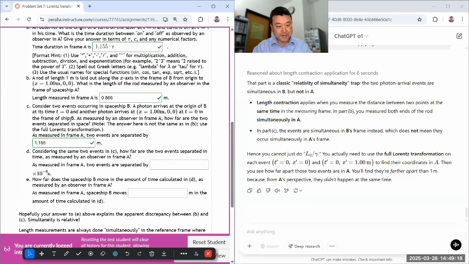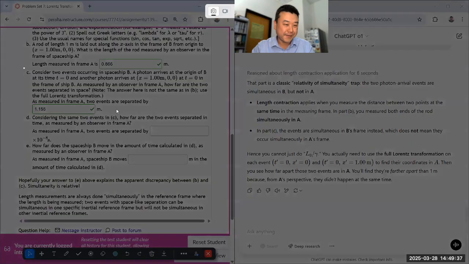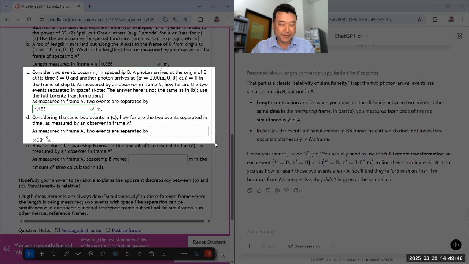So considering the same two events in C, how far are the two events separated in time? Yeah, so this you actually need to use the Lorentz transformation to get. So yeah, I want to work out the numbers, so let me ask ChatGPT for it.